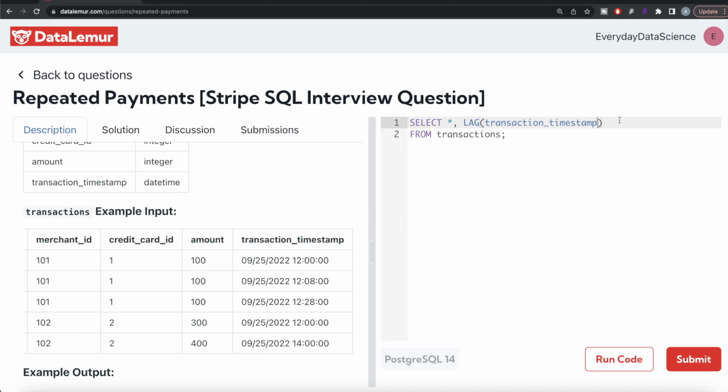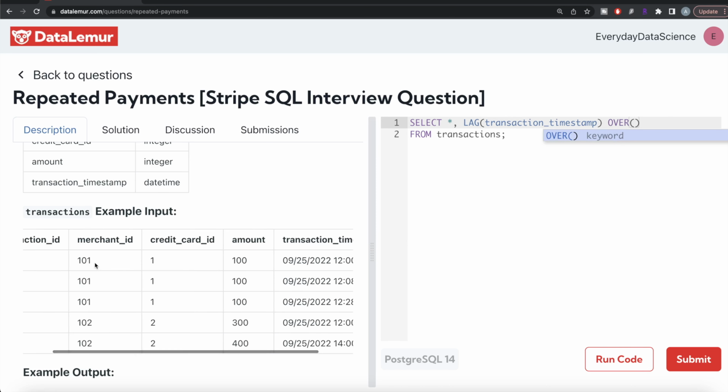So lag transaction timestamp, and since this is a window function, we need to write over clause. And then what we need to do is for same merchant ID, credit card ID, and amount, right?